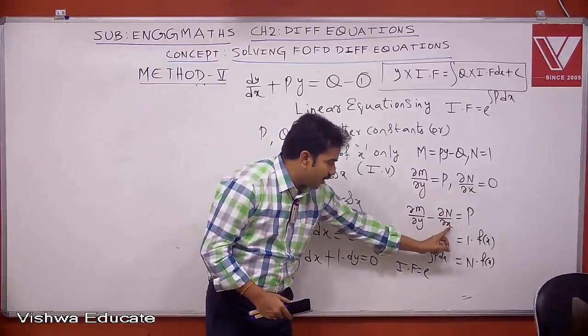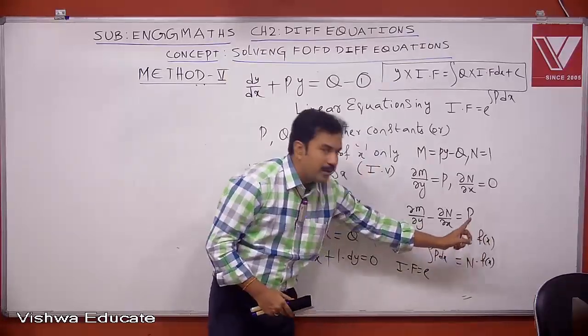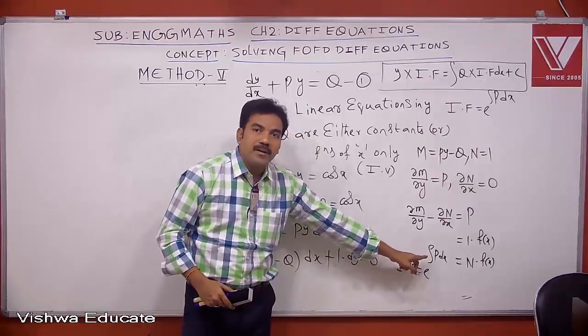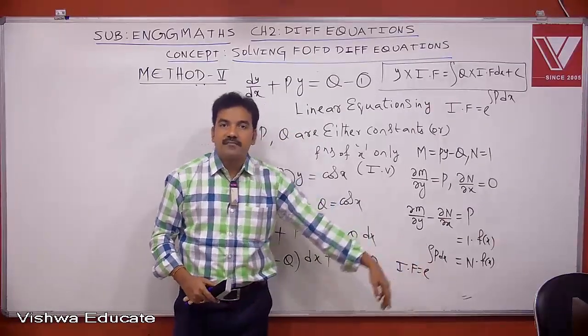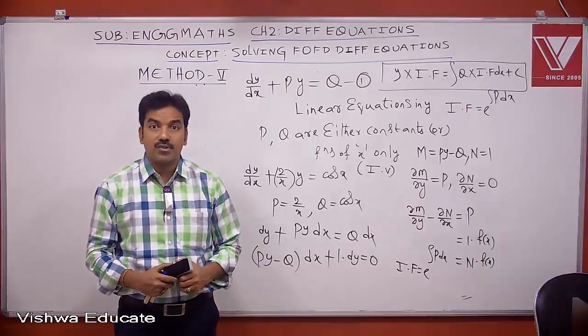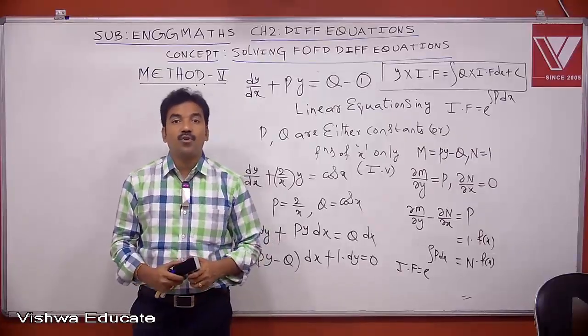Dou m by dou y minus dou n by dou x is n times f of x. N value is 1 and f of x is p. So according to case 3, integrating factor is e power integral p dx. Once I get the integrating factor, my next task is to multiply that equation with the integrating factor so that the equation becomes exact. Once it becomes exact, we have method 4 to solve it.